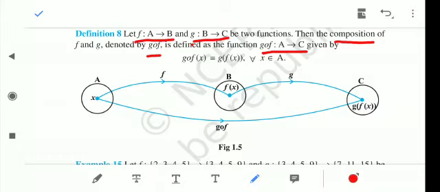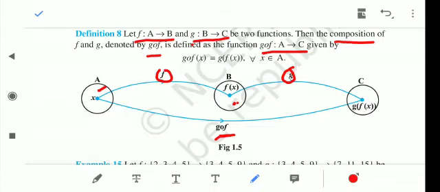The very first and important point here: in order to define the composition of functions gof, it is necessary that the image of every element of domain A under function f must lie in the domain of function g.